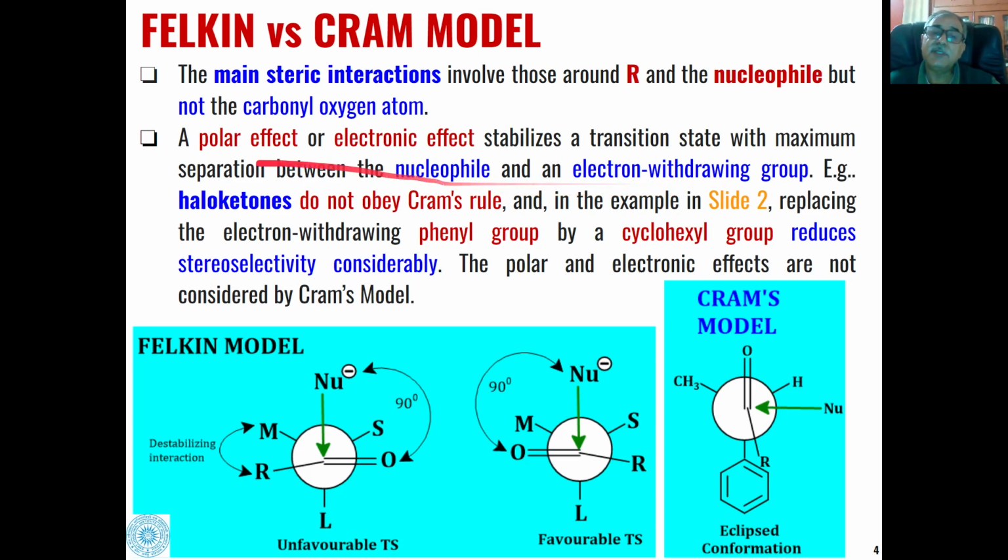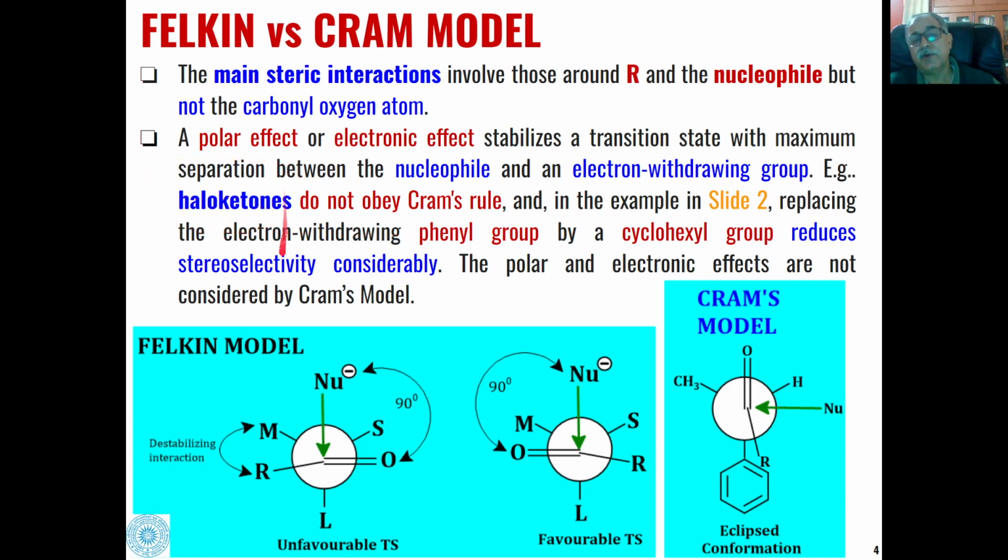In such cases there will be a polar effect or electronic effect which will stabilize only the transition state where there is maximum separation between the nucleophile and the electron withdrawing group, because both of them are electronegative in nature.